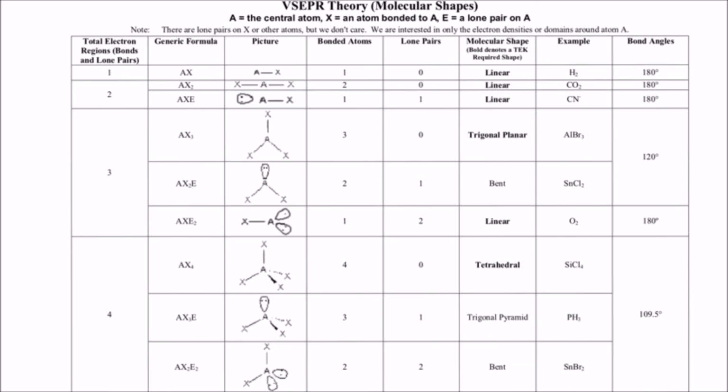You need to know the linear shape, and when you know that, that means you're going to have to know all of the different scenarios that give you that. So you need to know that 1 and 0 gives you a linear shape. You also need to know that the angle for linear is 180 degrees. You need to memorize all of that.